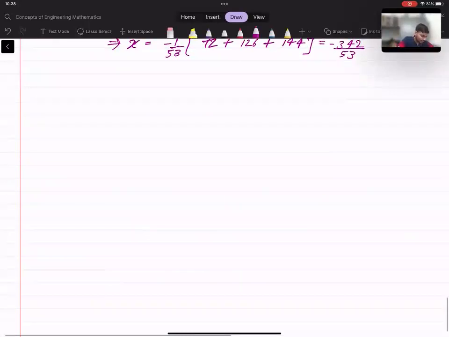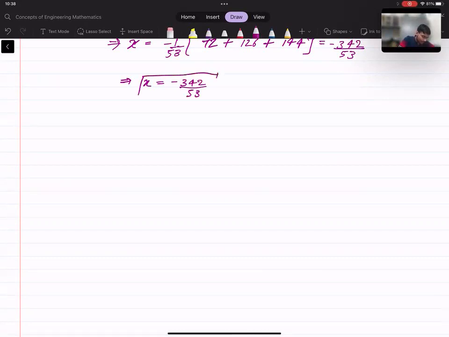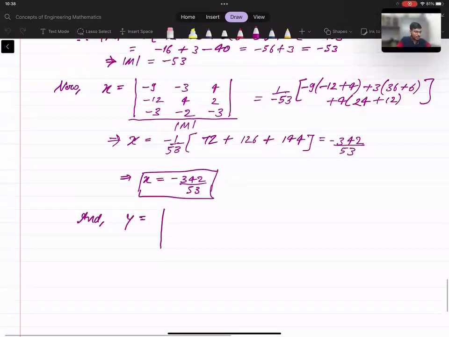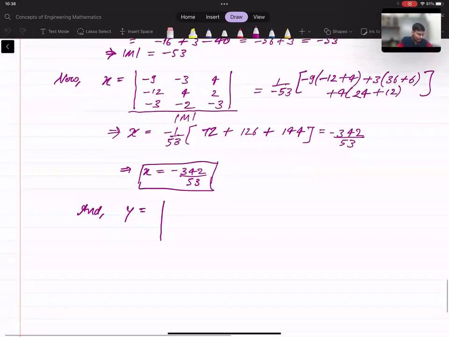Okay, so let us write x as minus 342 over 53. Now y is nothing but we will now change the coefficient of y in this determinant.